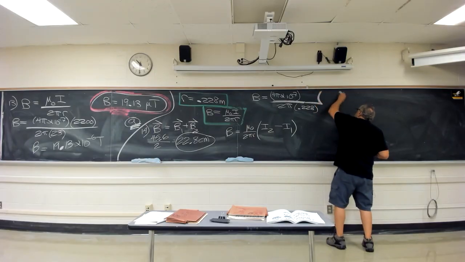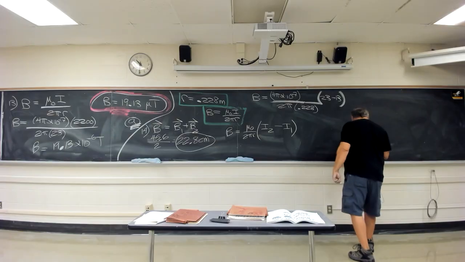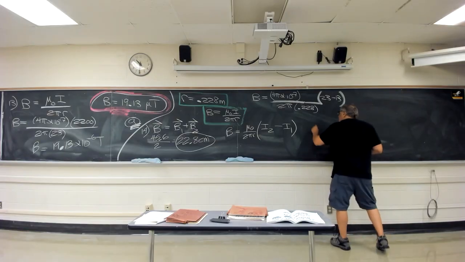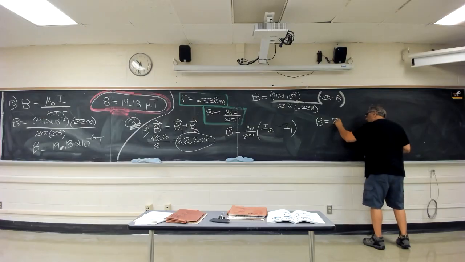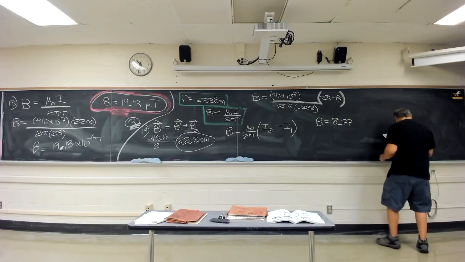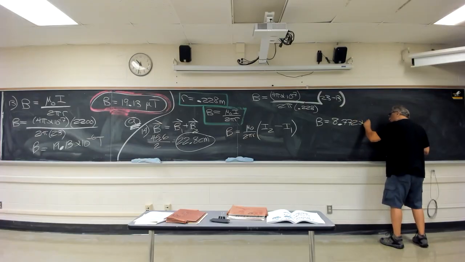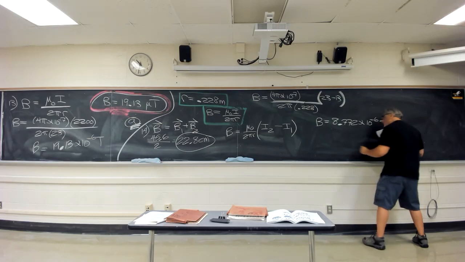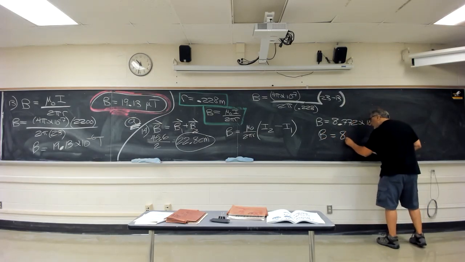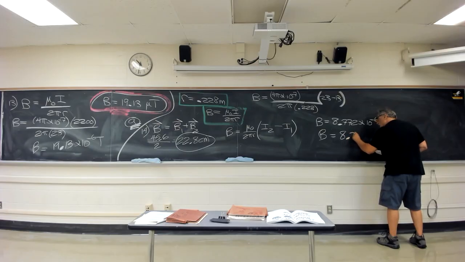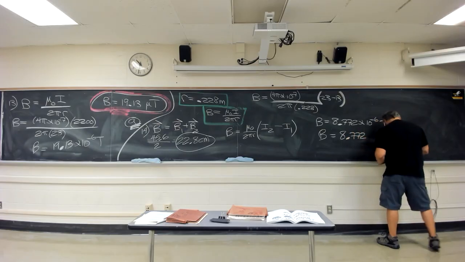And this right here, you got 23 minus 13. You go for it, and you got 8.777 times 10 to the negative 6 Teslas. B is 8.772.